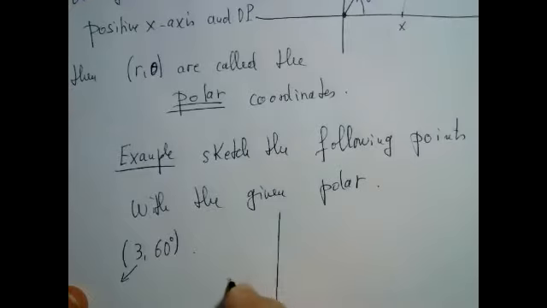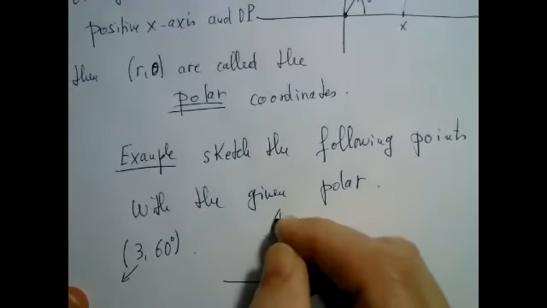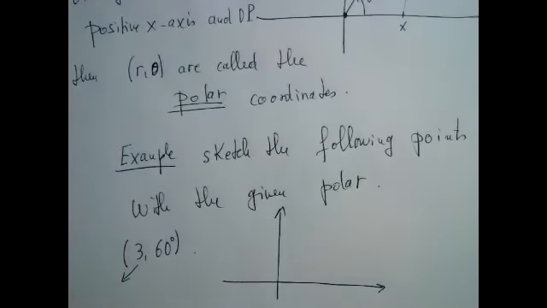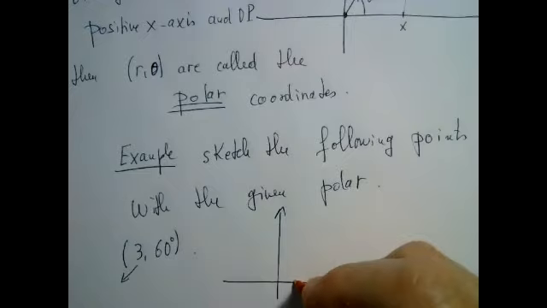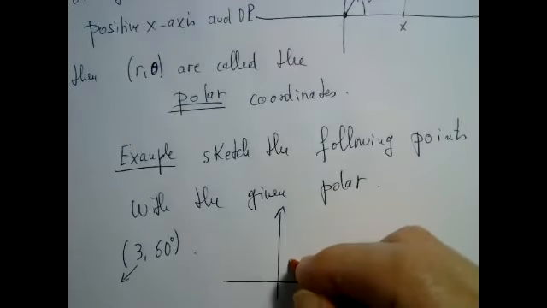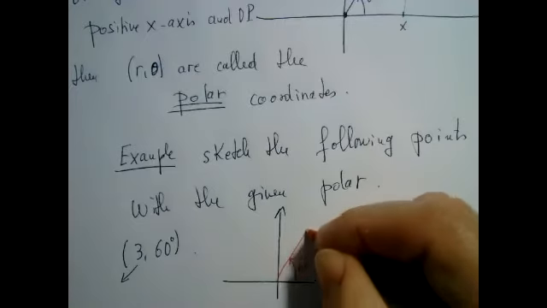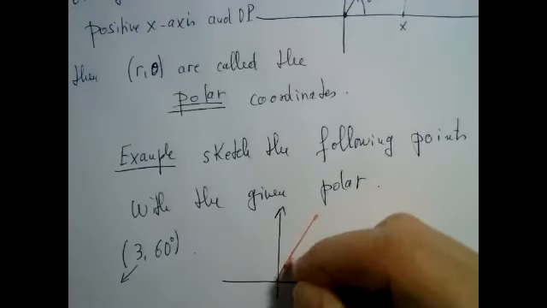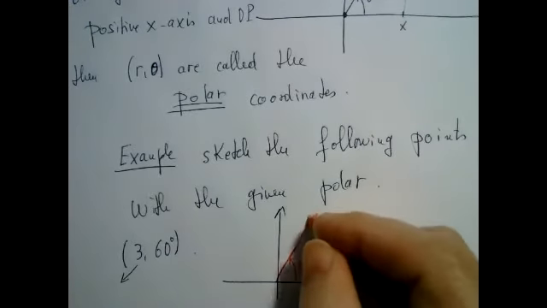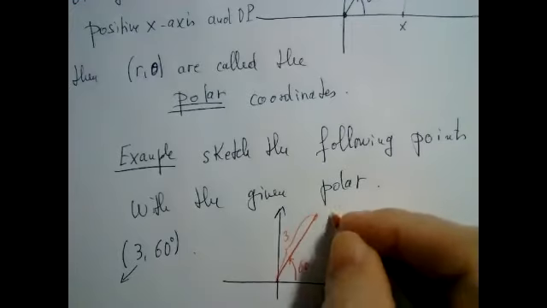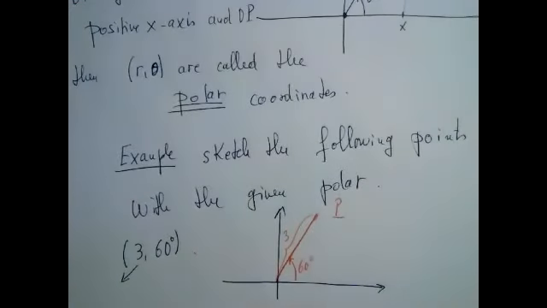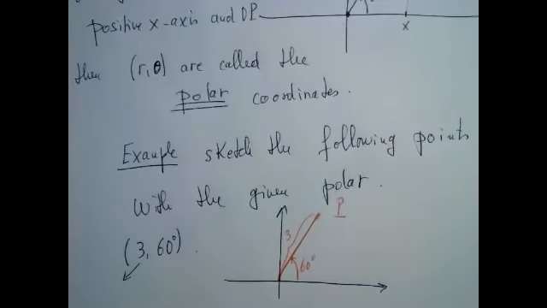So if I want to draw this point, first I take the angle 60 degrees from the positive x-axis, that's where I start. And then I need to go 3 units away. And this is my point P. That's how we locate the point with the given polar coordinates.